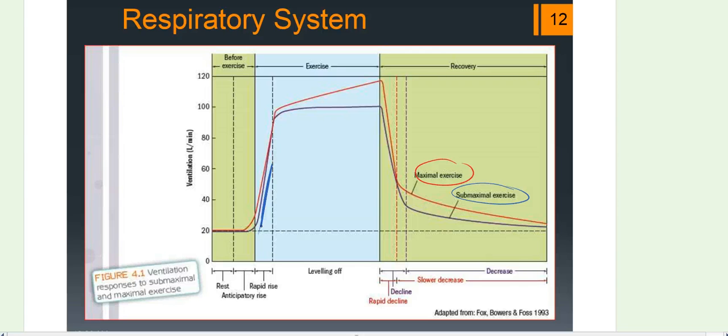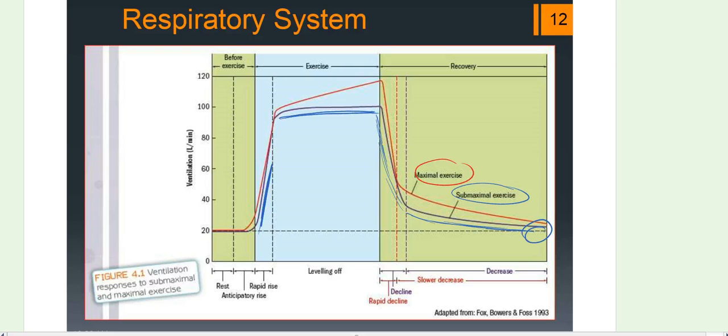It does take a little bit of time. But once we've met our needs, our ventilation will plateau, meaning that we're able to meet our needs. Once we stop, we have a decrease in ventilation, and then as this evens itself out, at this point we will have recovered.